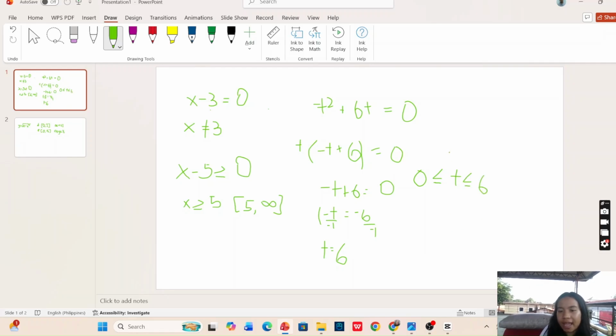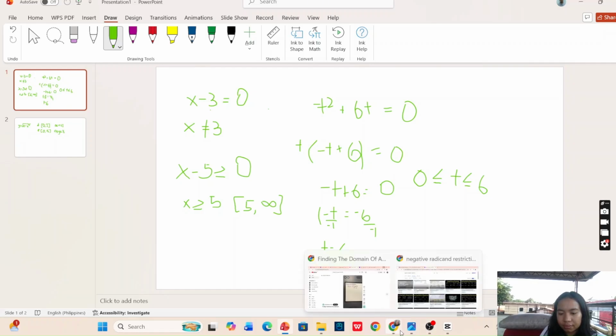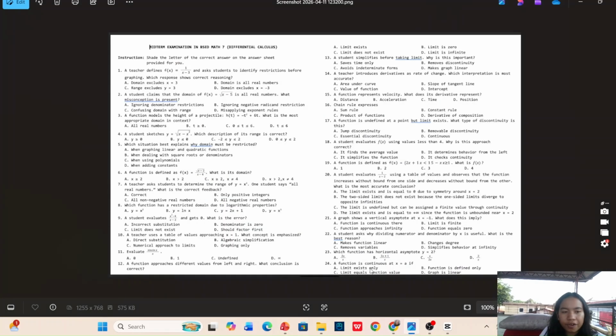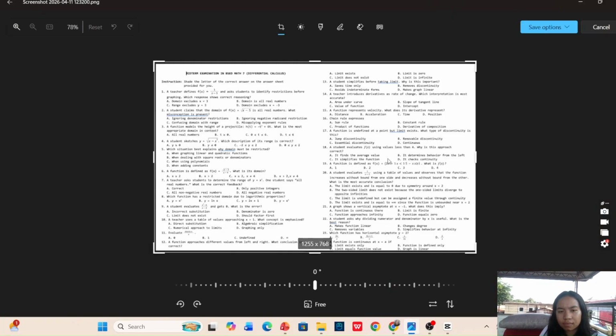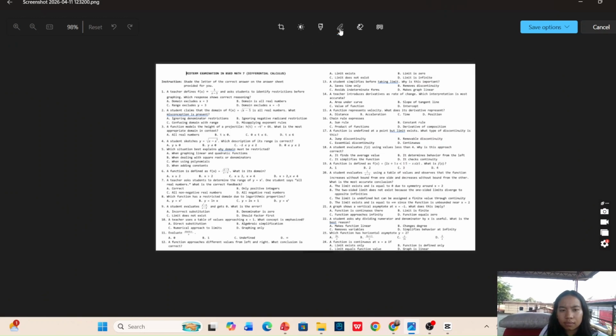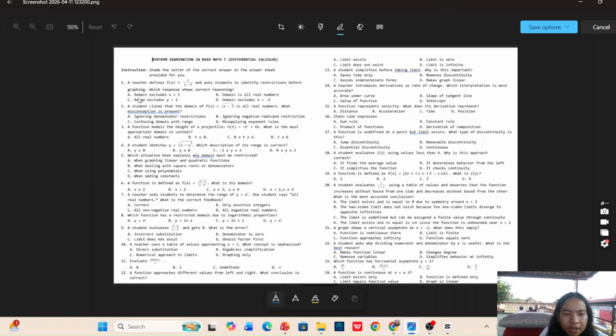So that is our answer for number 3. It's letter C. You can mark this if you want. Again, number 1 is letter A. Number 2 is letter B. And then number 3 is letter C.